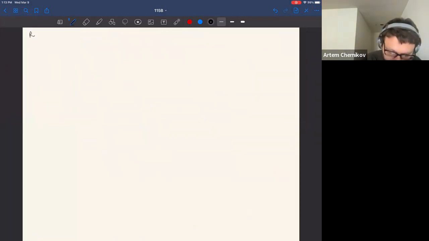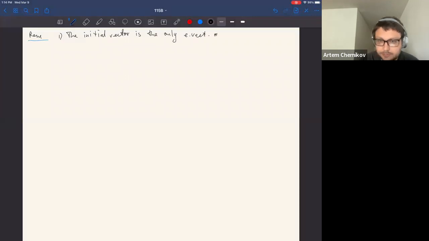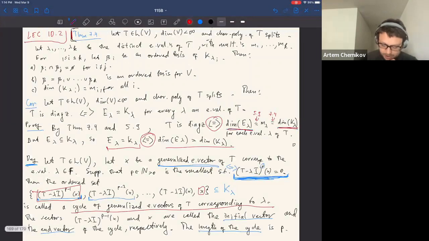Remark 1: the initial vector is the only eigenvector of T in the cycle. So why this? Let's go back to the definition for a second. So first of all, like we said, every element of the cycle is a generalized eigenvector because they're all in K_λ.